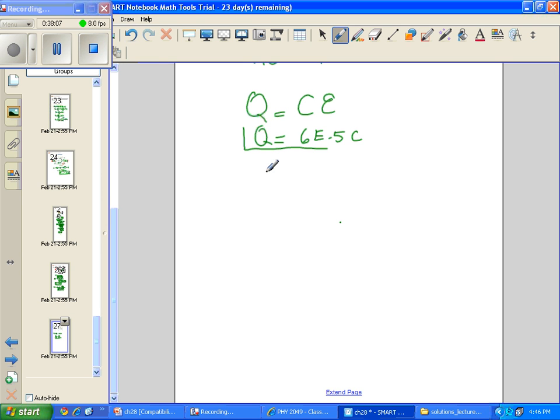Next, we're asked to determine the charge and the current as a function of time. Well, Q as a function of time equals Q max, and we know now what the value of Q max is. And if you recall, it's 1 minus e to the minus t over RC.